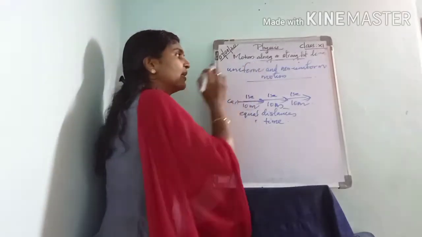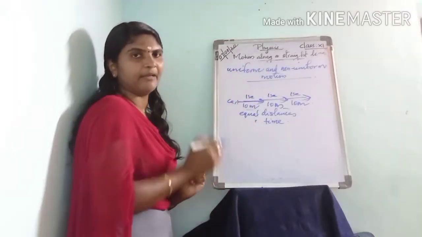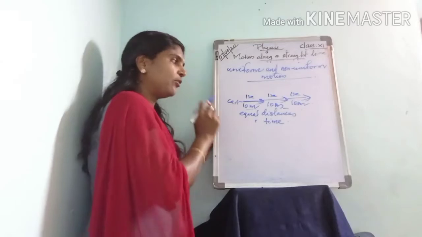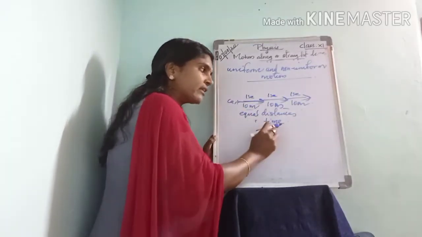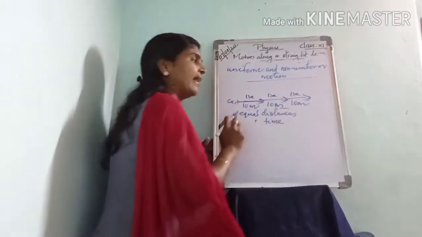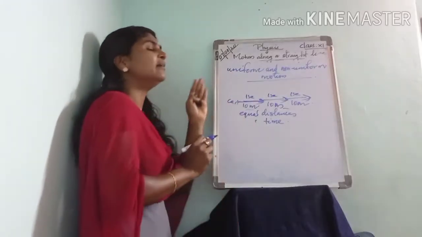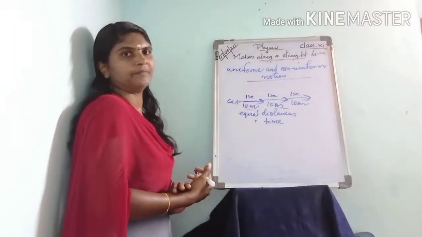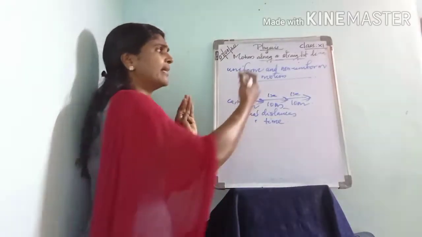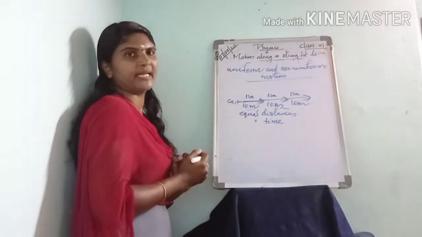Then its motion is called uniform motion. If an object covers equal distances in equal intervals of time along a straight line, then its motion is called uniform motion.